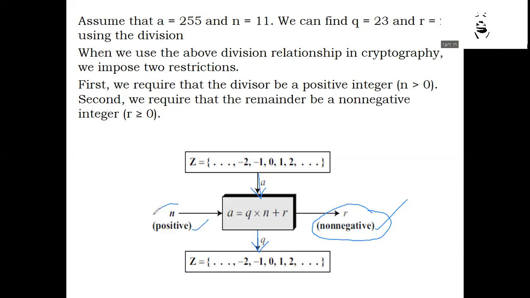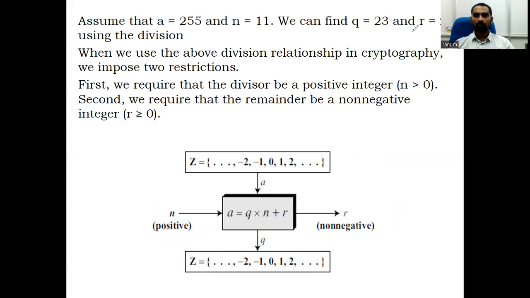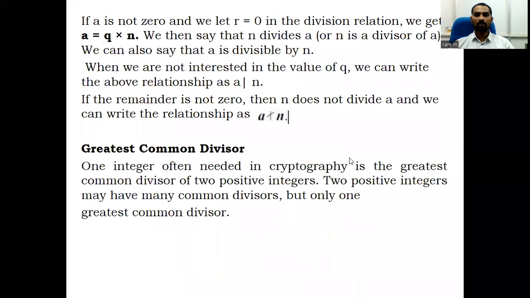So that's why I'm not taking n and r from the set of integers. That's why I'm considering r as a non-negative value and n as a positive value. I hope you understand the division operation.